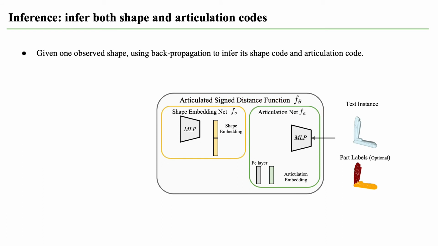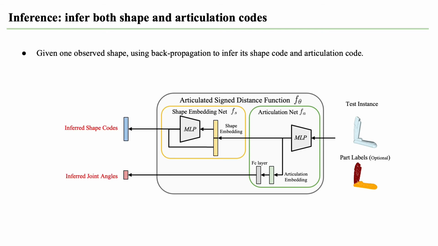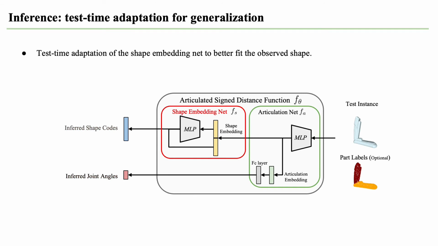During the inference stage, given one shape, the articulated sign distance function parameters are fixed, and the shape codes and joint angles, as shown in red, are jointly inferred via backpropagation. To generalize our model to out-of-distribution and unseen data, we further propose a test time adaptation step to adjust the model parameters during inference. For this test time adaptation, the idea is we update the parameters of the shape embedding network to better fit the observed instance.